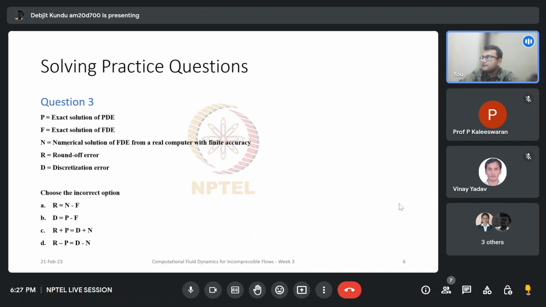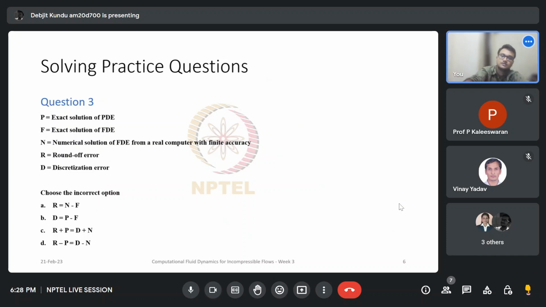I have these different symbols P, F, N, R, and D, which mean different things. P means the exact solution of the PDE, F means the exact solution of an FDE, N means the numerical solution of the FDE from a real computer with finite accuracy, R means a round off error, and D means a discretization error. Now I have 4 options given here, and you have to pick out the incorrect option.